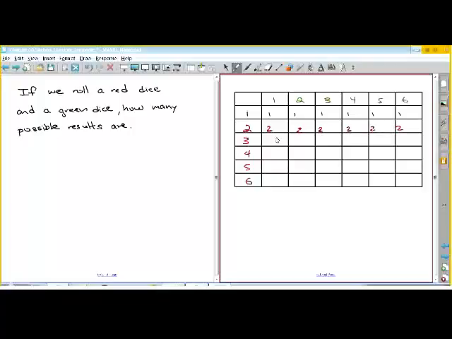You can fill it out any way you want to, but I'm going to do it color coded so that you can see what I'm trying to do. The row tells me the first number, and the second number will tell me the green value.